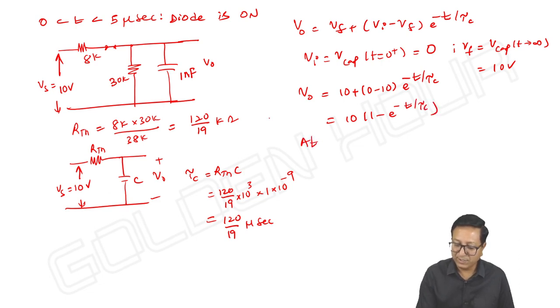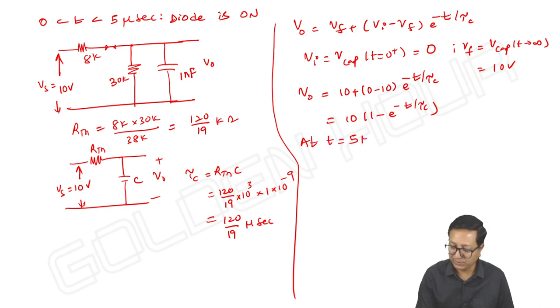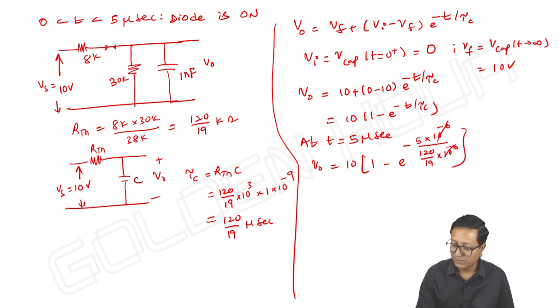At t equal to 5 microseconds, V output is equal to 10 into 1 minus e power 5 into 10 power minus 6 by 120 by 19 into 10 power minus 6. Micro cancel, 5 by 24. So it is 10 into 1 minus e power minus 19 by 24.